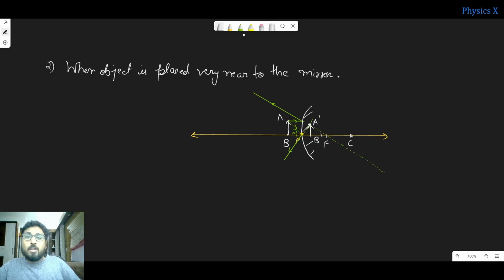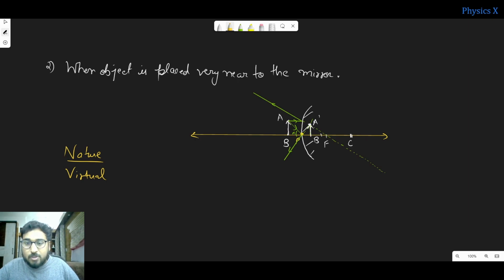So what you can observe, if I am talking about the nature of this image, is that these reflected rays are virtually meeting. They are not meeting in the real, they are meeting on the back side of the mirror. So again the image is virtual, and obviously you can see it is upright.